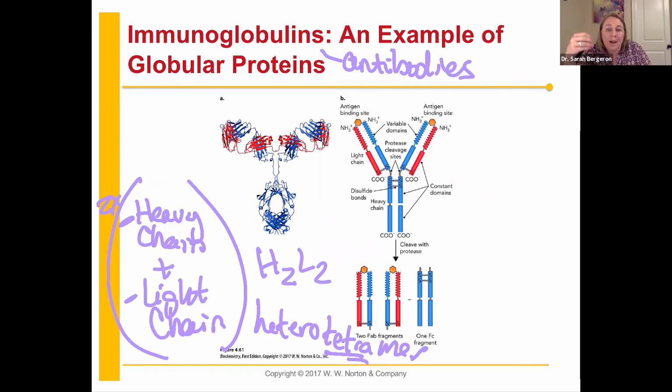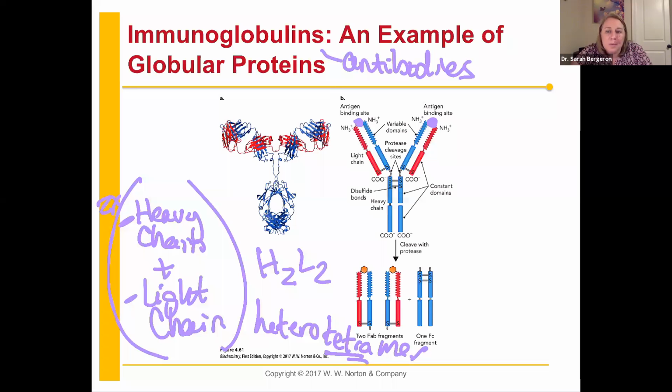So we need to have some parts that are consistent between all antibodies, and then you need to have some parts that are specific to certain antigens, so you can recognize different viruses and different bacteria. And so our variable domains are here. They're the kind of like, I don't know, jagged parts of it. And so these are the parts where you have an antigen come in and bind. So this is the antigen binding site.